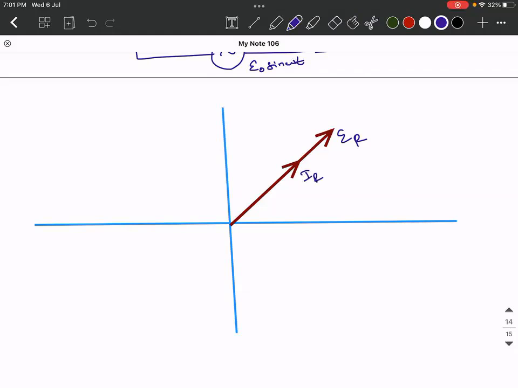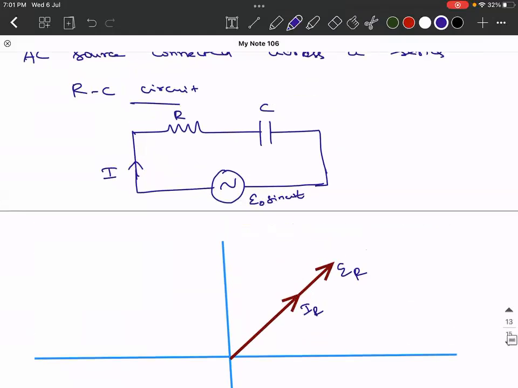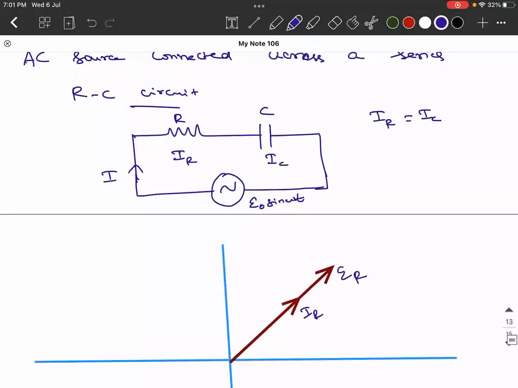If this is IR. Now another important point to be noted is the current across the resistor IR, and if I call the current across the capacitor IC, can I say IR is equal to IC because I'm using the word series? Then, if IR is in this direction and IC is also in this direction, with respect to IR, how is ER?